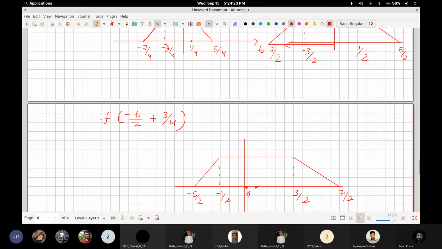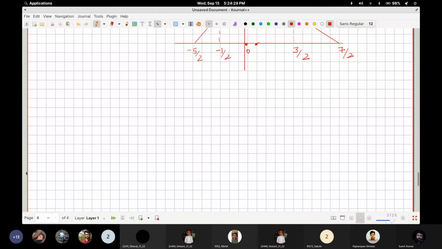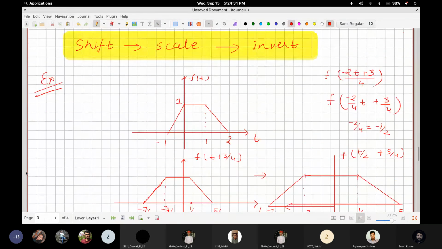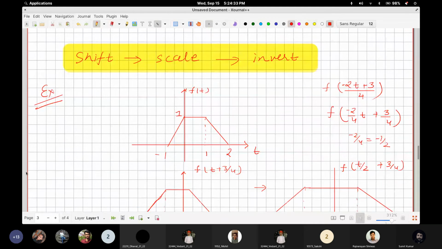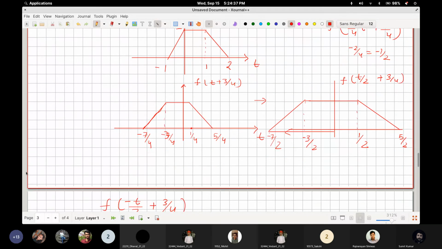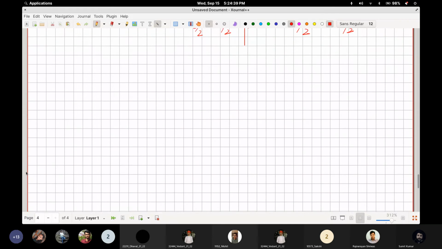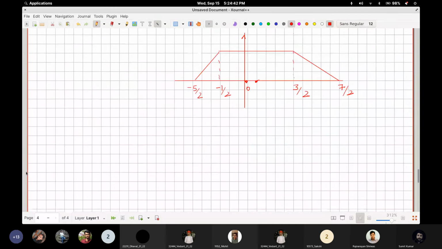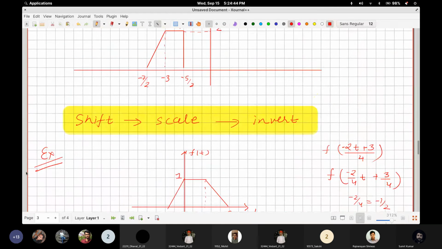So this is going to be your f of t minus 2 plus 3/2. So either you can do it like this, or you can just take your function and do all these operations one by one and see how this is going to happen. Okay, so let me just do that, and we will end up with the same function as well.